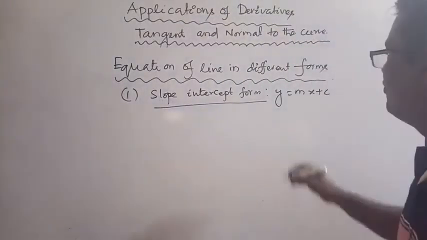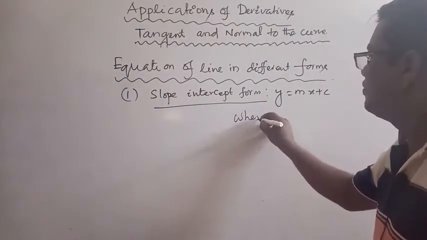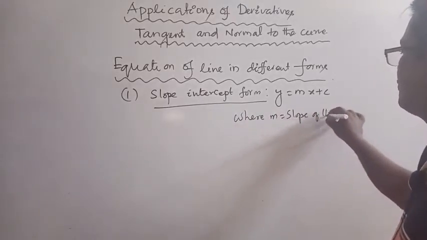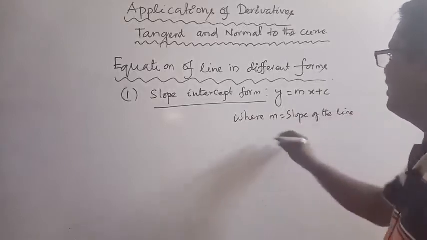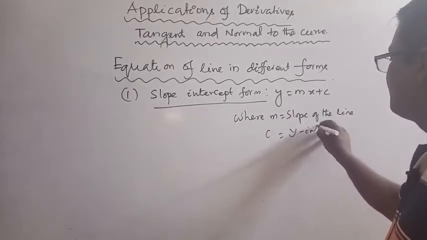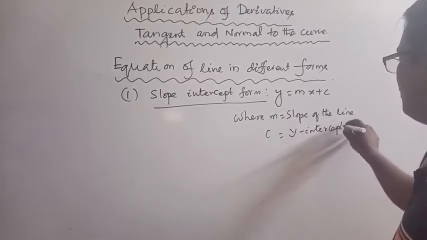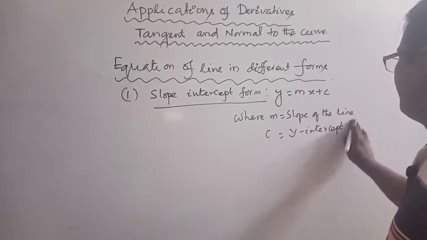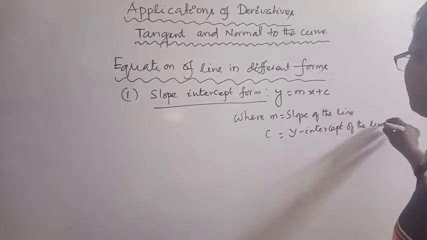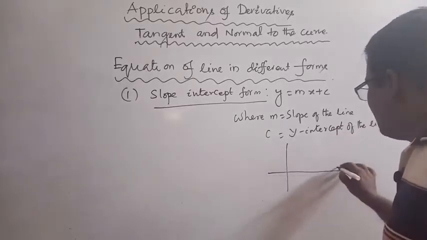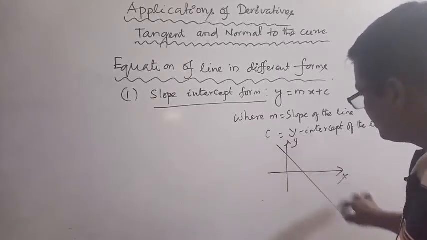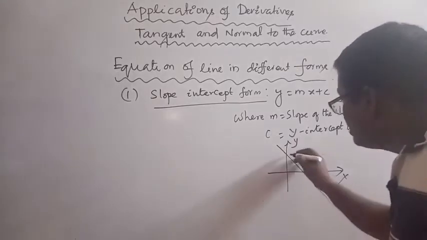Where m is the slope of the line, and c is the y intercept of the line. What do you mean by y intercept? Suppose this is the x-axis and this is the y-axis, and the line cuts this portion.